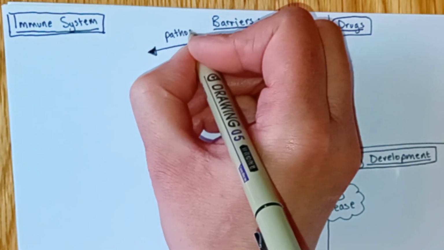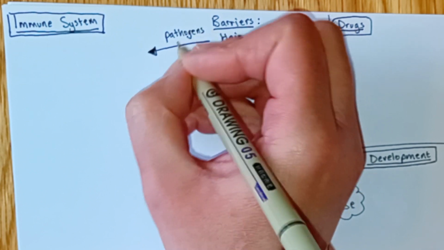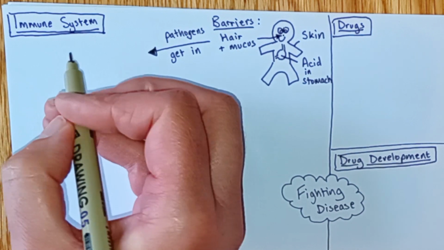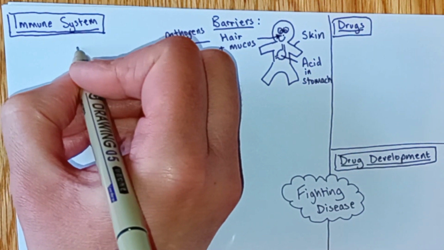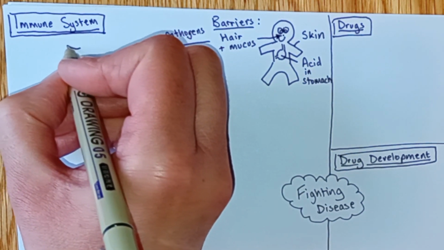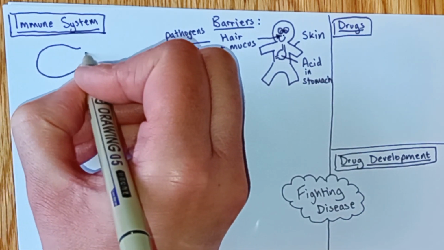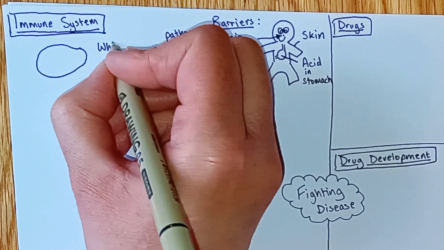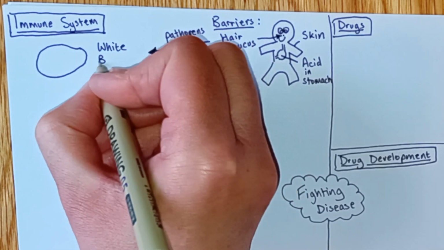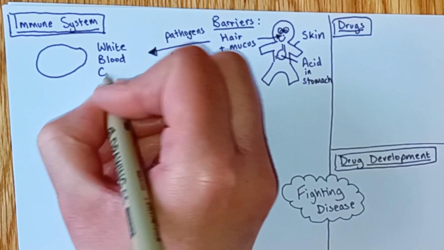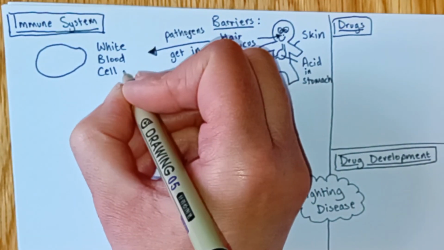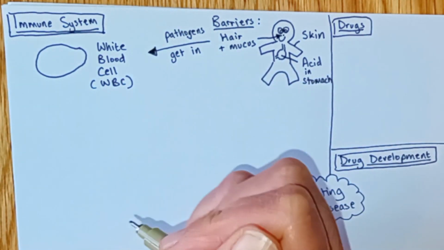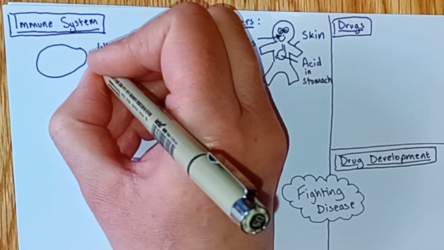So when the pathogens get in, we need our immune system. And our immune system runs on a type of blood cell called the white blood cell. I'm going to shorten white blood cell to WBC because we are going to be writing it a lot.